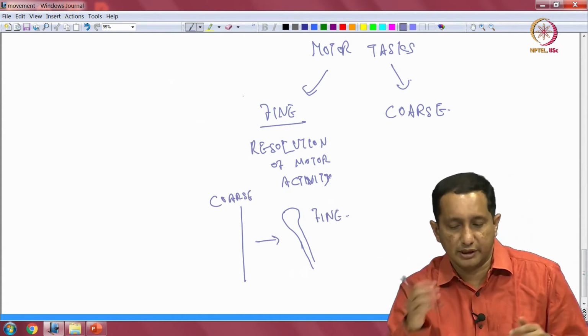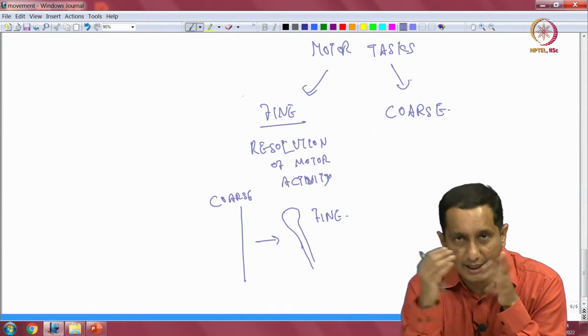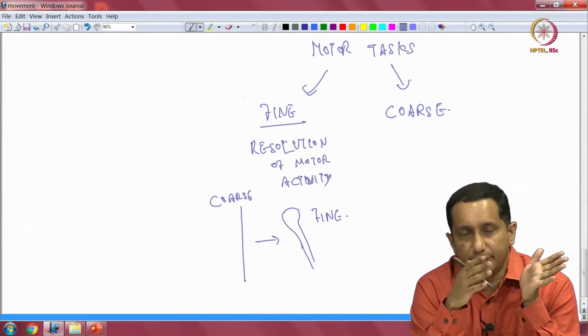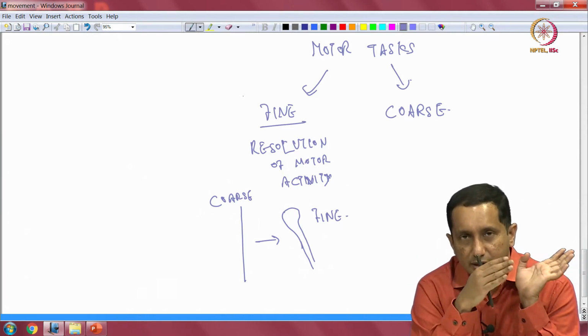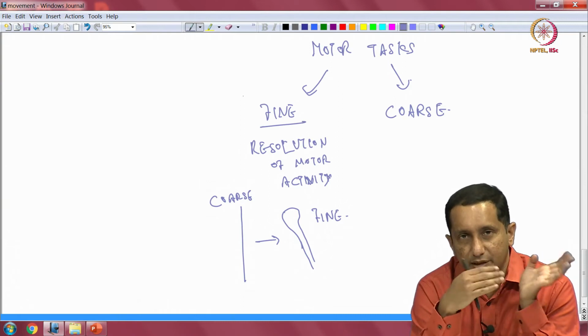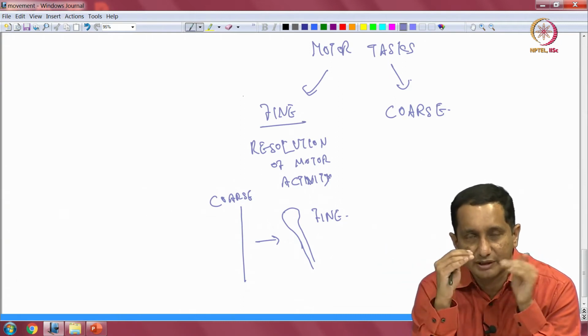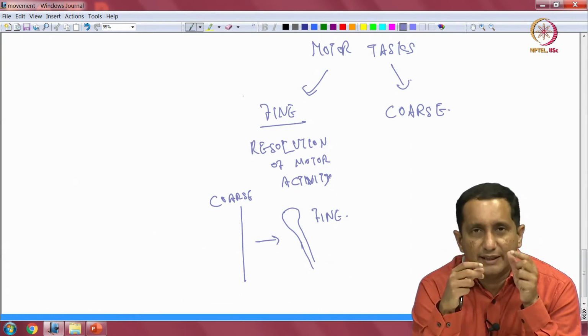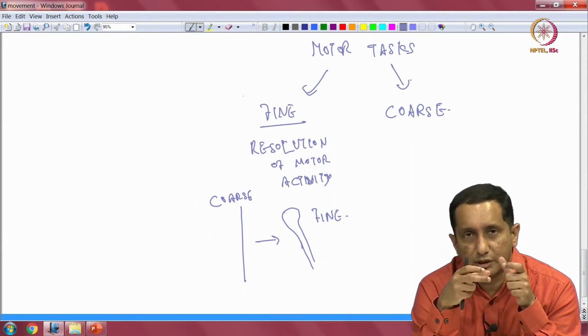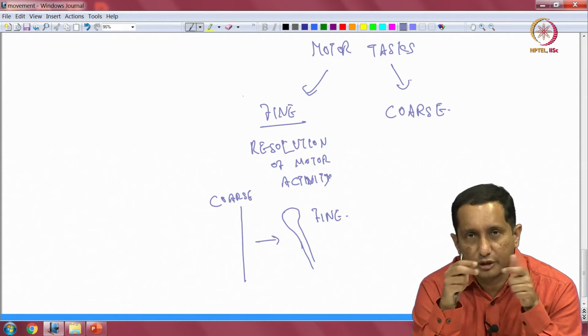So, look at my regular handwriting versus calligraphy. There is a big difference between the kind of work implemented in regular handwriting or just scribbling versus calligraphy, in which everything is set. So, fine indicates that a lot more control is required for the motor activity.